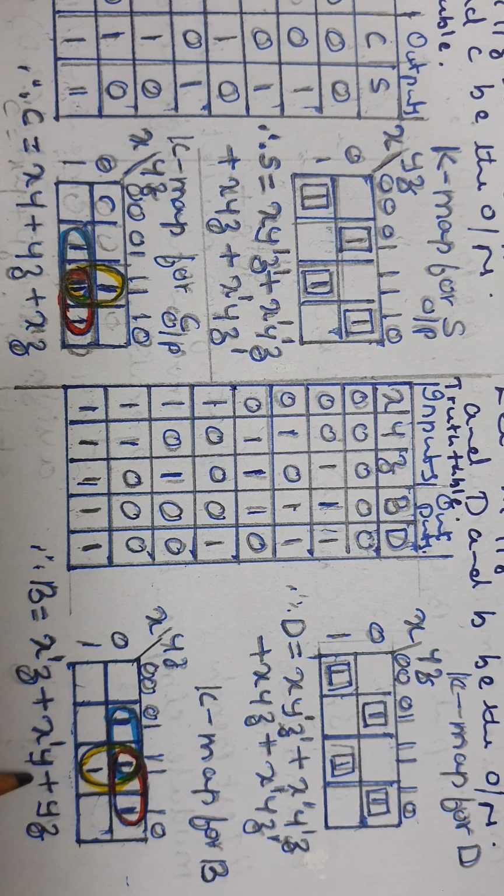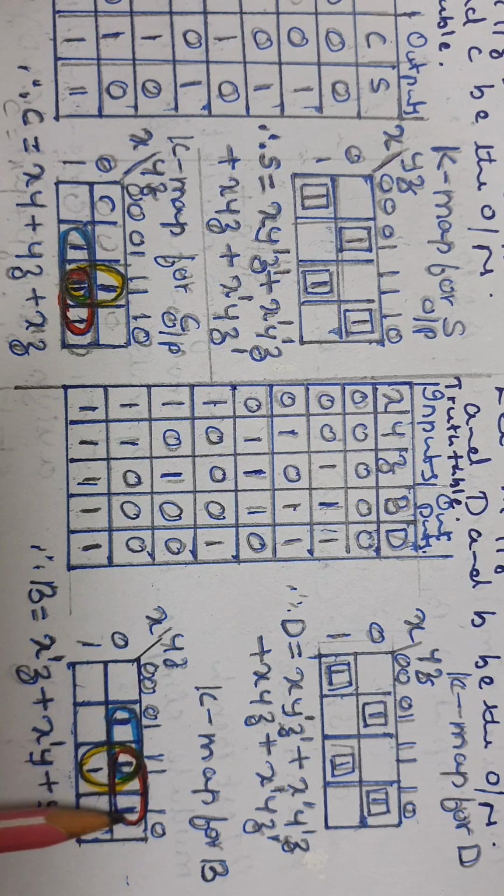Next, when simplified, this is one pair, this is another pair, this is the third pair. So 3 pairs we can recognize here. For this pair, row wise 0 is common, that is x dash, and column wise this one is common, that is z, so x dash z for this group.